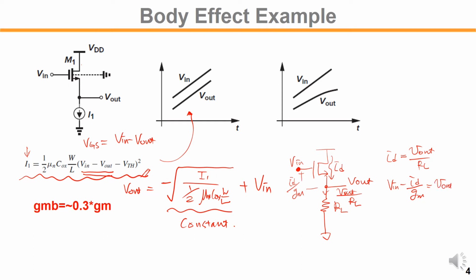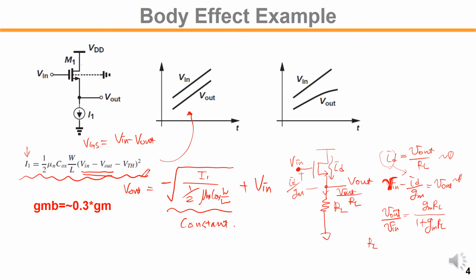So we plug ID into equations 1 and 2. The final Vout, the small signal variable, written in lowercase letters, equals gmRL over 1 plus gmRL times Vin. So Vout over Vin will be in this format.